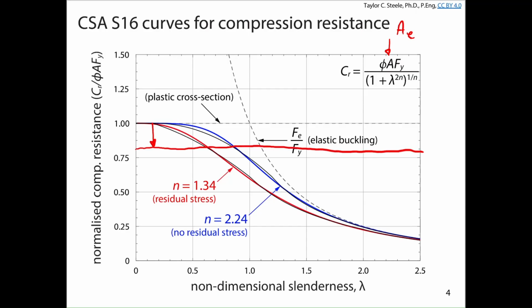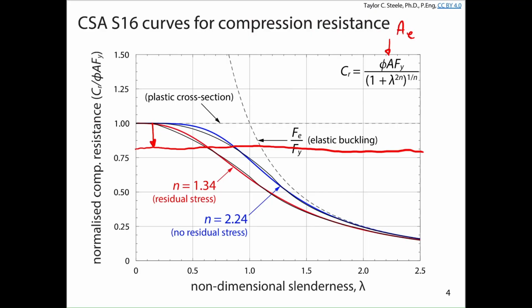All right, the flat line there is the plastic cross-section. That's basically the AFy load. And we're going to see that because local buckling can happen before we reach the yield strength, that line is basically going to shift. But the closer we get to the Euler elastic buckling load, the more likely that column is going to buckle under a smaller cross-sectional stress than the stress that would cause local buckling.